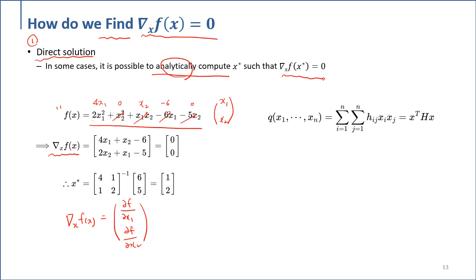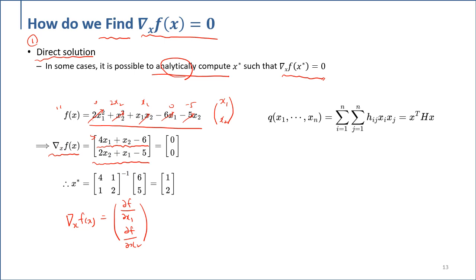So the first row of this equation is 4x1 plus x2 minus 6. Similarly, when we calculate partial f over partial x2, we get 2x2, then x1, and then minus 5. So we rewrite this as 2x2 plus x1 minus 5.